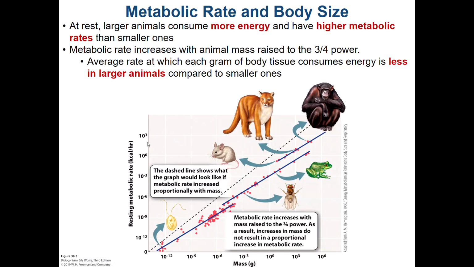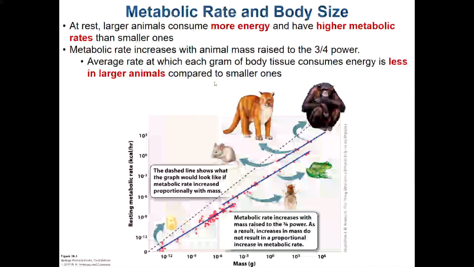On our y-axis, we have our resting metabolic rate, and you can see that as we get larger, the metabolic rate gets bigger. So we have an increase in energy and metabolic rates as an animal gets larger.